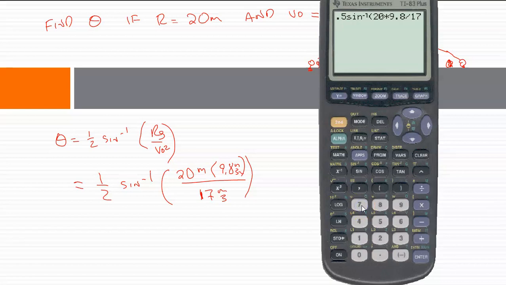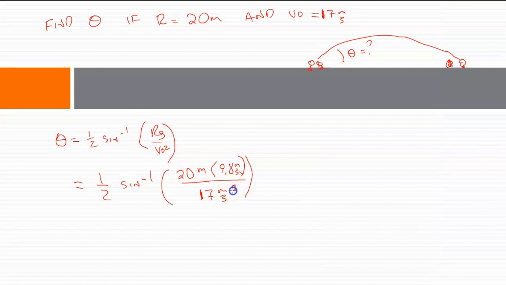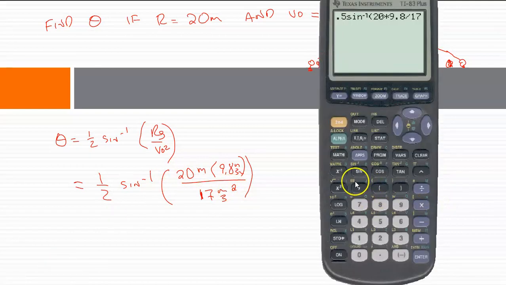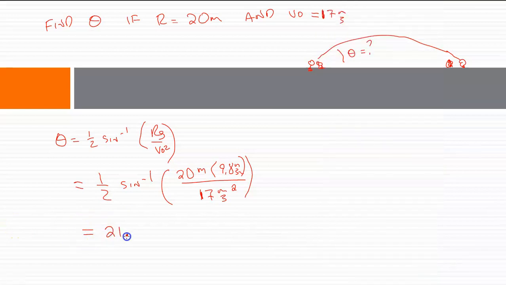I forgot to write the squared, but I'm not going to forget to square that down here. 17 meters per second squared, that's critical. So here's my squared. Hit enter. A 21.4 degree angle does the job. Okay, so I've got a solution there.